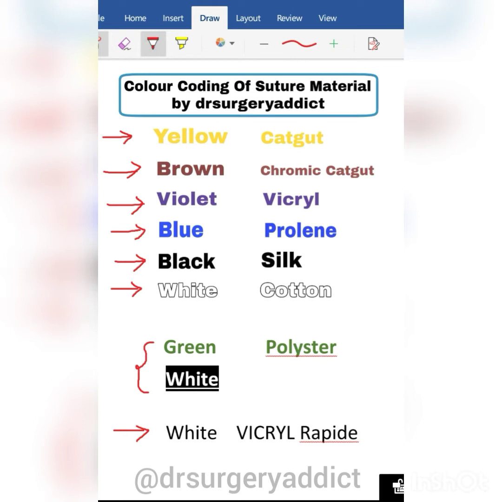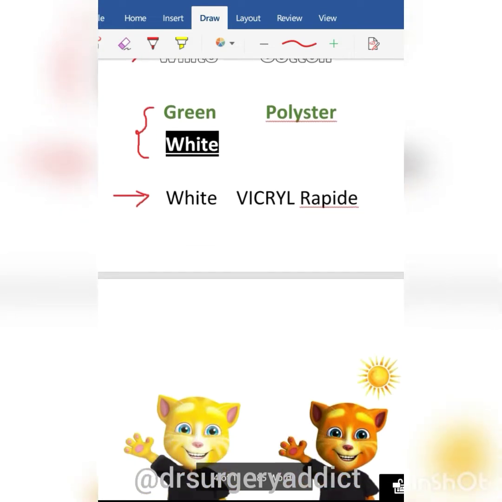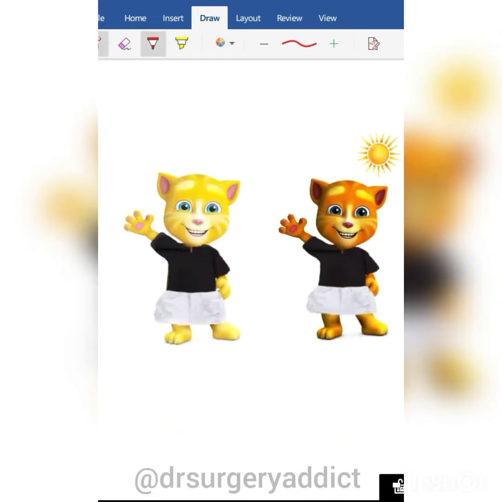So let's learn by the method of Dr. Surgery Addict. How do you have to remember? Just look at this image. These are two cats. This one is a yellow cat. This one is a brown cat. These are two sisters who always wear the same clothes: a black shirt and white cotton jeans.